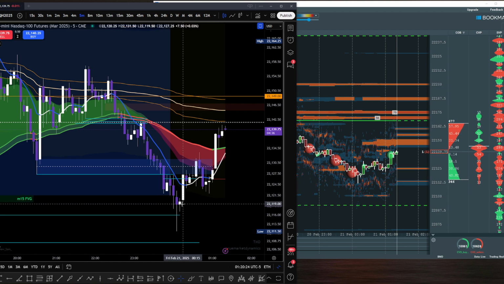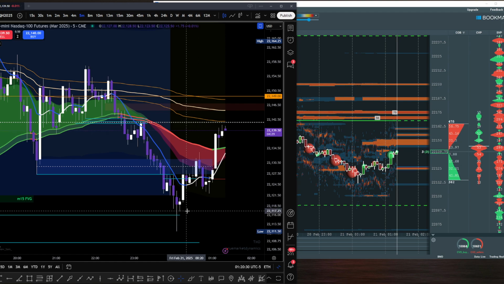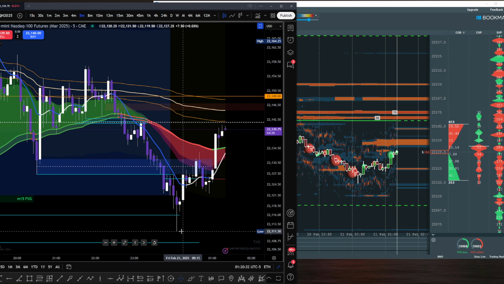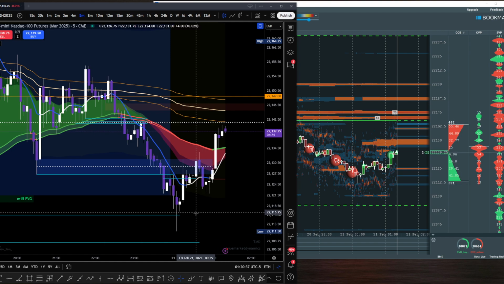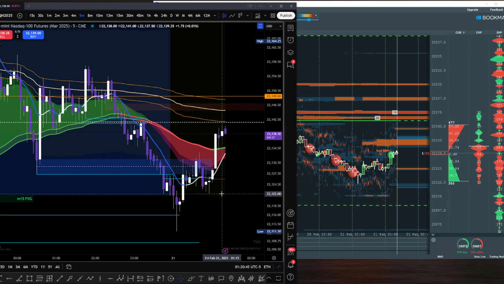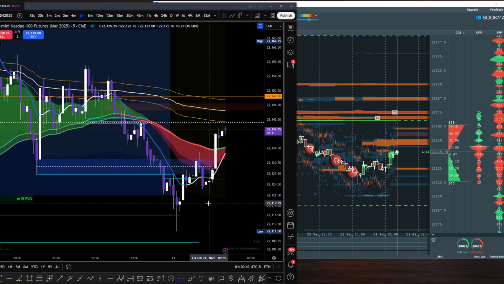The least risky would be this body right here, then the more risky would be waiting for this wick, and the most risky is waiting for that wick. Not that it's risky, more that the chances are you're going to touch first this level, then that level, then that level.